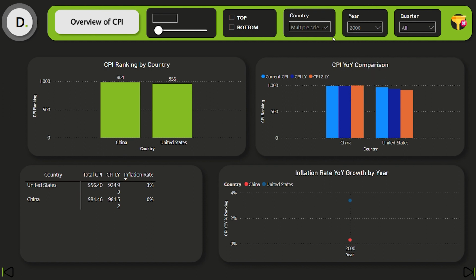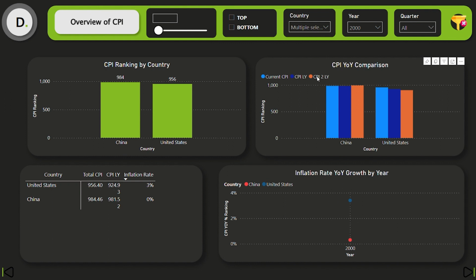So in this example, for the year 2000, for both countries, the United States and China, in this particular graph we are comparing the current CPI, that is the CPI in the year 2000, to the CPI last year, which is basically the CPI rate of 1999.